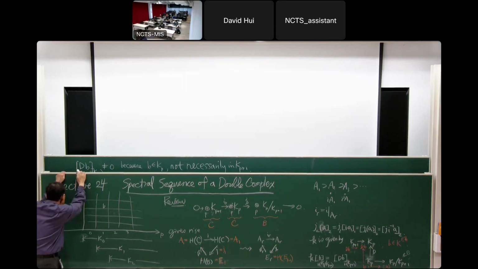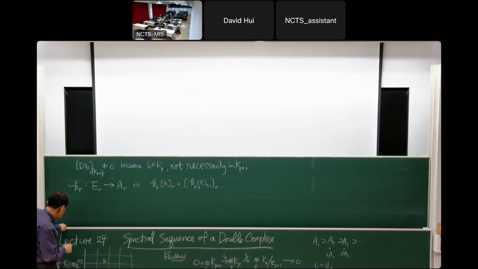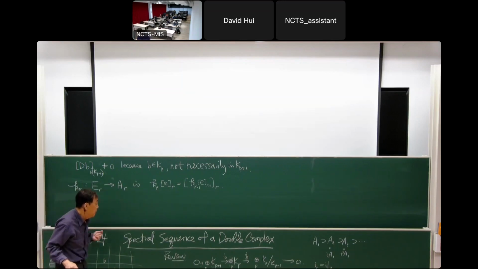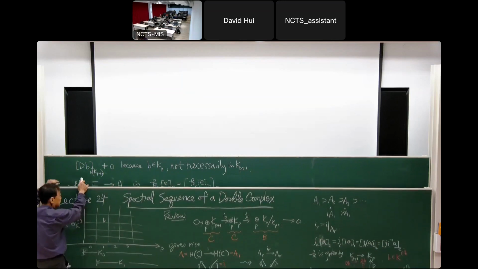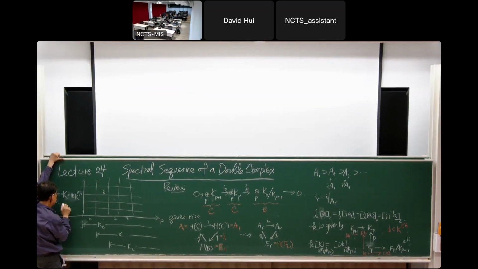Last time we showed that E0 is a double complex, but it is also a direct sum of all the columns.